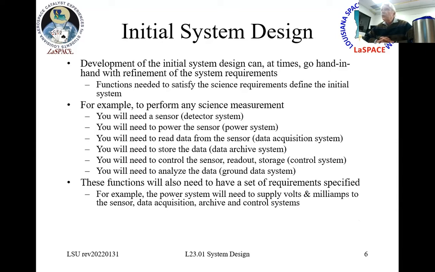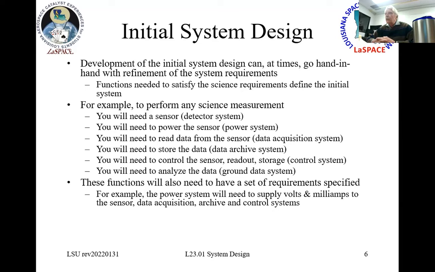So let's go through an example of how this loop works. The initial system design: we start with an initial design, and a lot of the system design goes hand in hand with the system requirements. For almost any scientific measurement, you'll need a detector system, a power system, a data acquisition system, a data archive, and a control system of some sort.